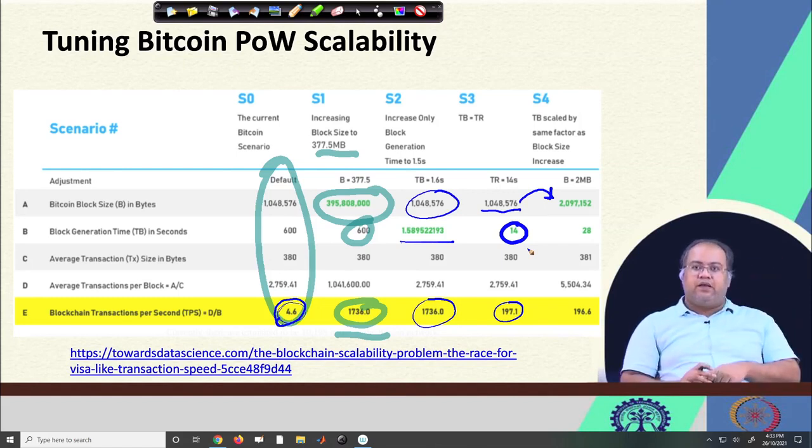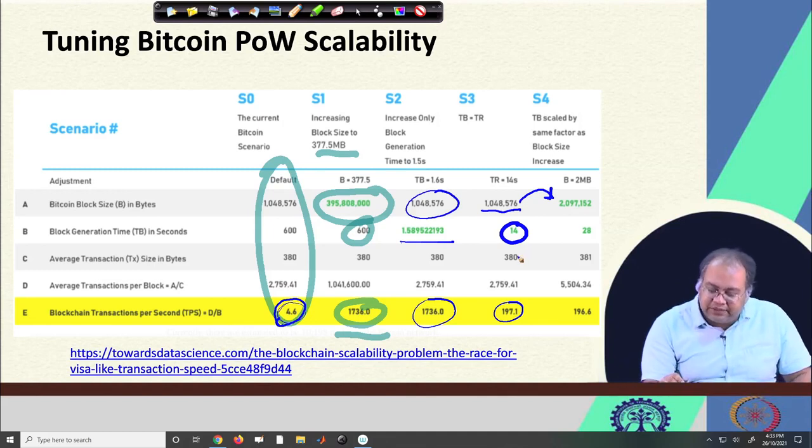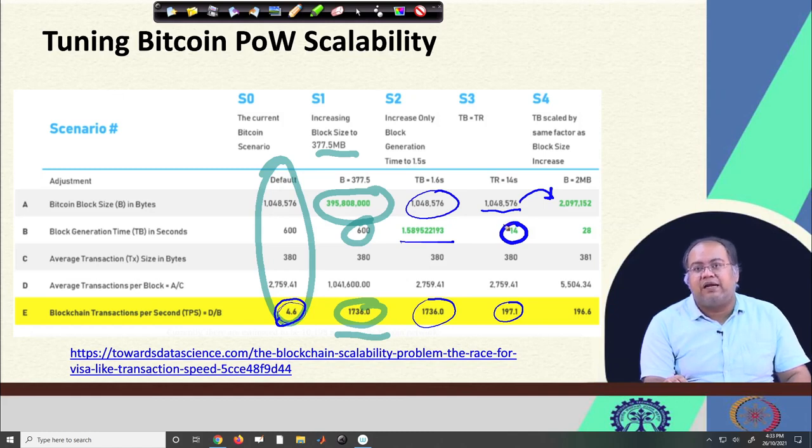This 14 seconds is a typical time taken for downloading 1 MB of data with a standard cellular network connectivity like 4G. So if I double up the block size, this time will also get doubled up. So this will become 28.